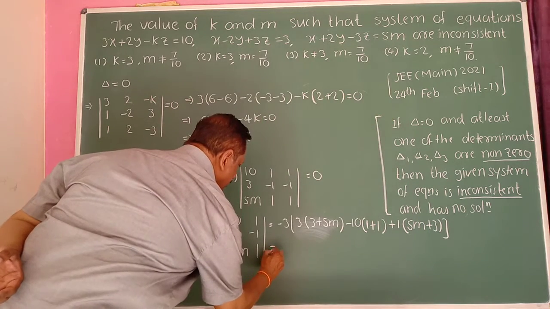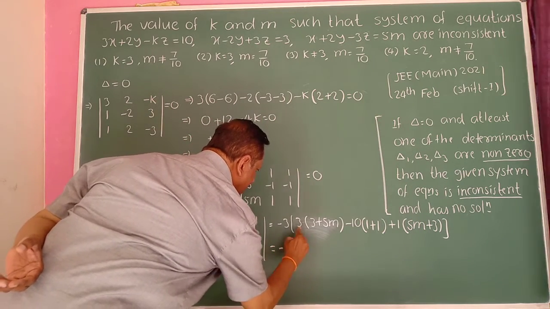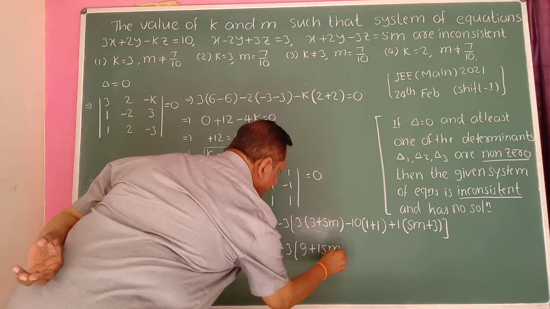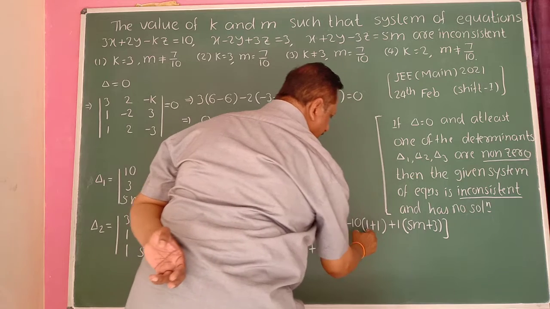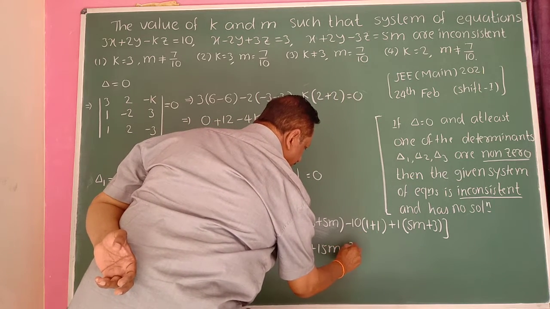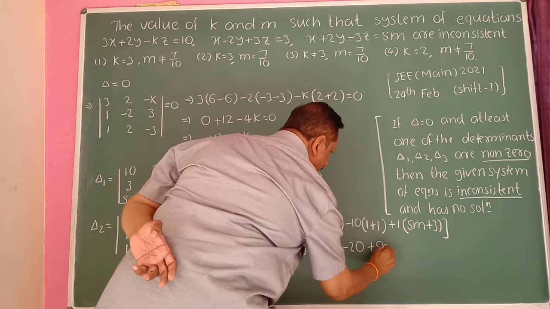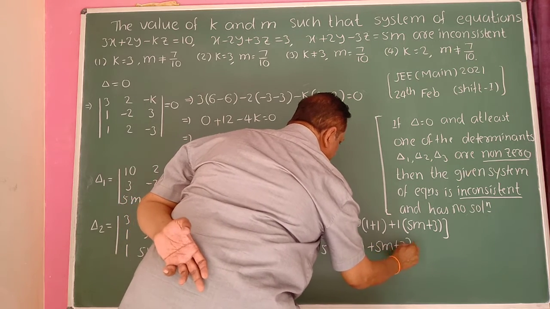Therefore, this is equal to minus 3 into bracket: 3 threes are 9, 5 threes are 15, 15m. Then 1 plus 1 becomes 2, 2 into 10 becomes 20, minus 20. Then plus 5m plus 3m.